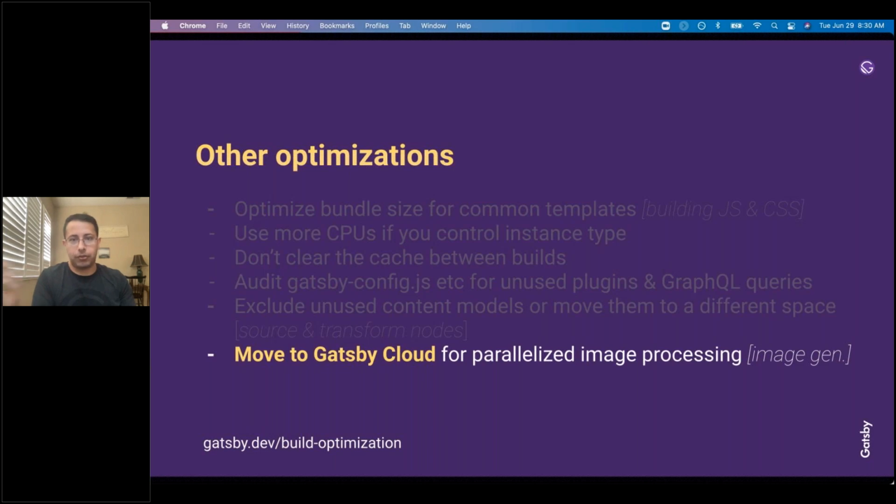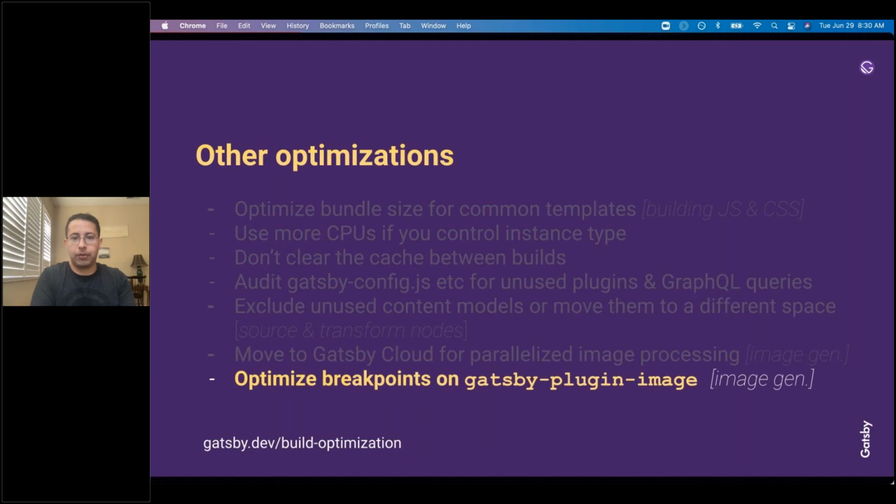It's maybe 5 or 10%, and that's because we do a ton of parallelized image processing. So if you're on a host that isn't doing that, and image processing is a big part of your build times, you may want to consider moving to Gatsby Cloud for faster build times on that step.